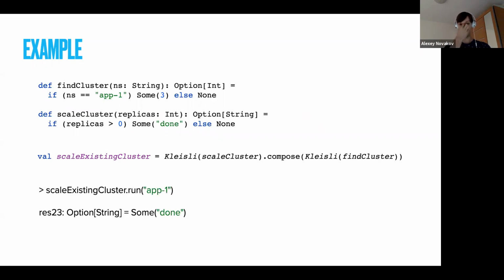And if we run this final function, we're going to have a Done result out of this logic. If we give the input, it's going to return Some, and then this will be unwrapped. So int replicas will be given here, and then we go to the if-true branch, where it's going to return Some Done. So that is how Kleisli can help us.